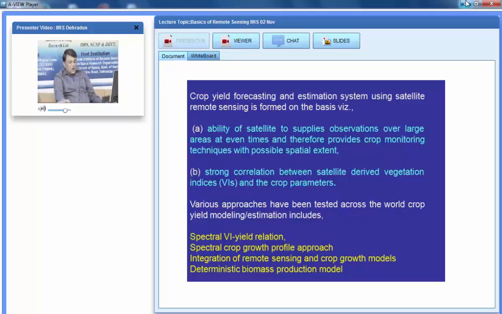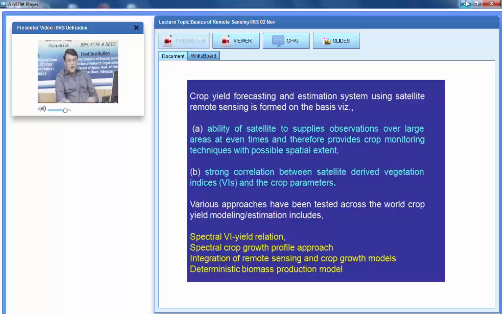There are spectral yield models, which are further divided into the spectral growth profile approach, the spectrometeorological approach, the spectral yield approach, the yield spectral model, and the integration of remote sensing and crop growth models. Then there is also the deterministic biomass production model, which people have nowadays started making operational using satellite data available from INSAT or other multi-repeat satellites.